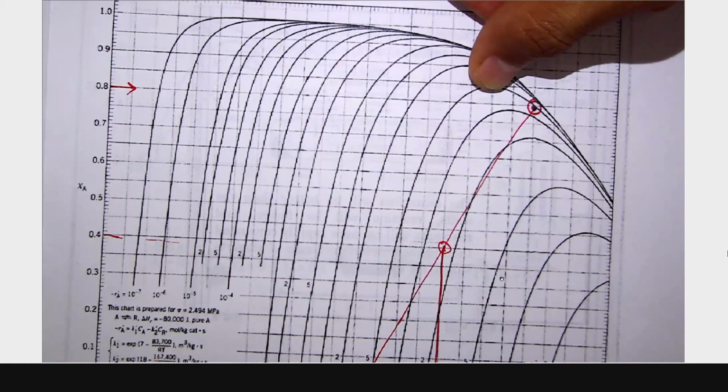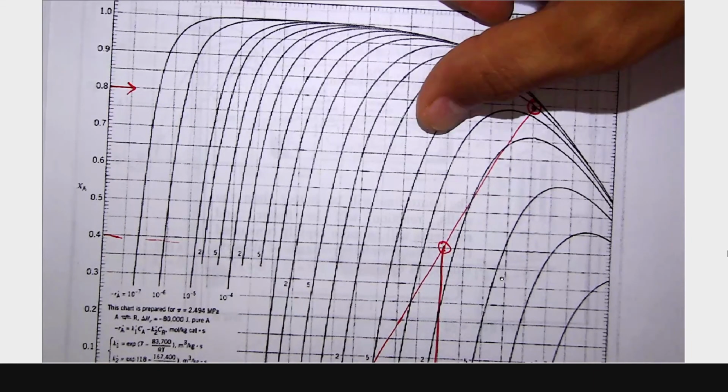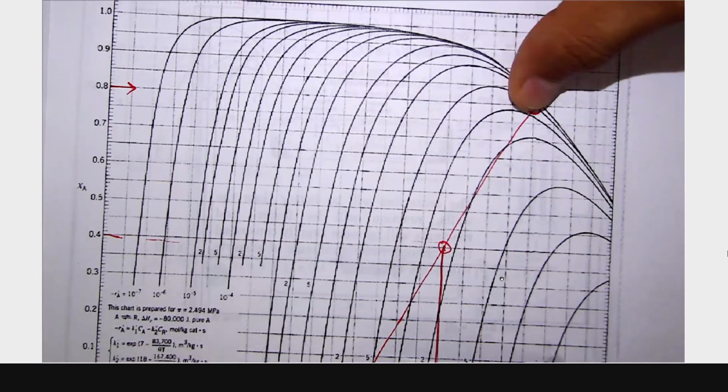It is not 5, it is increasing in this direction. So R_A for this particular one is 10 to the power minus 2, so it will be 0.05. So at this particular point, R_A is 0.05, and then you can go on.